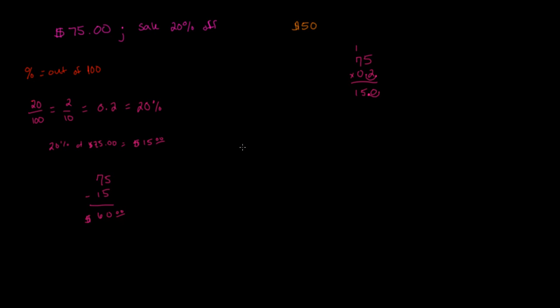Now, do I have enough? My current price is $60, and we're going to compare that to the $50 that we brought. We know that $50 is less than 60. So because $60 is greater than 50 and 50 is less than 60, we do not have enough.